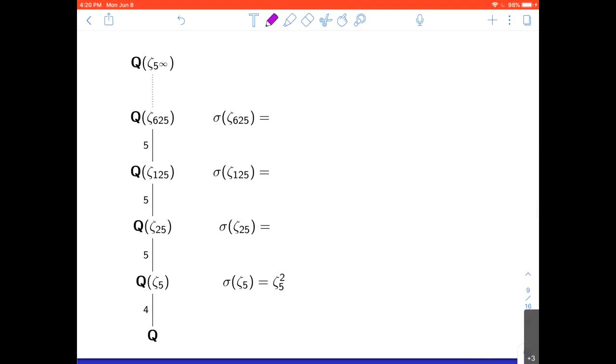Suppose I want an automorphism of the top field, okay, sigma, and I want to have it square the primitive fifth root of unity. What does that tell me about constraints on the 25th root of unity? Well, you see, the 25th root of unity, its fifth power is a fifth root of unity.